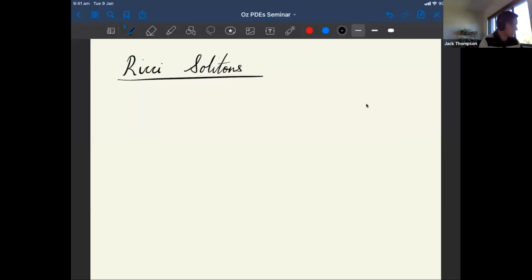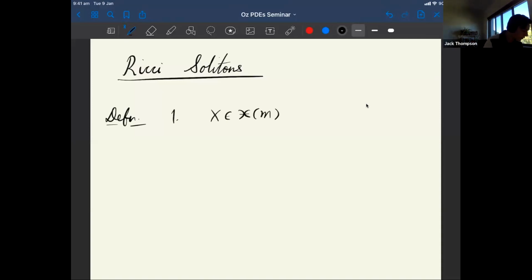So before we can discuss Ricci solitons, we need to first talk about Lie derivatives. So a few definitions. First of all, if I have a smooth vector field X on M, and I also have a curve theta, then an integral curve is the following.